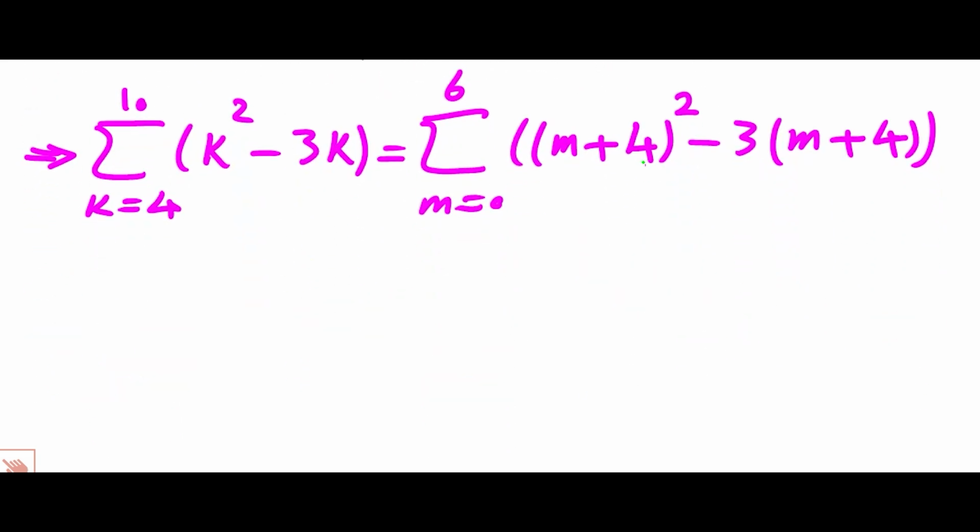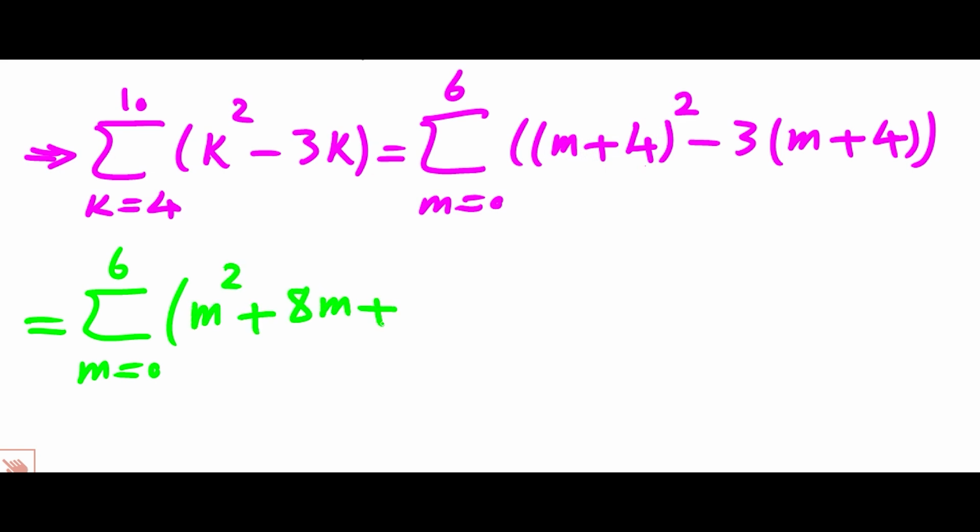Expanding, (m plus 4) squared equals m squared plus 8m plus 16, minus 3m minus 12.